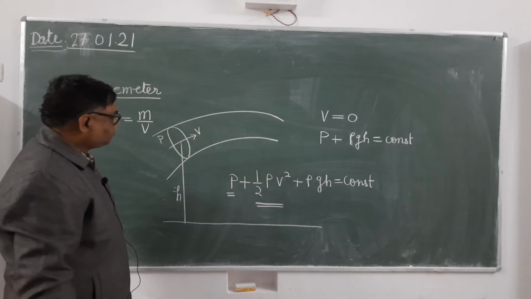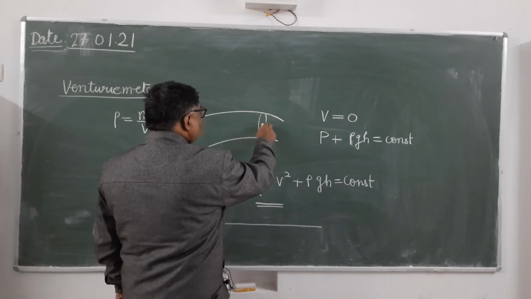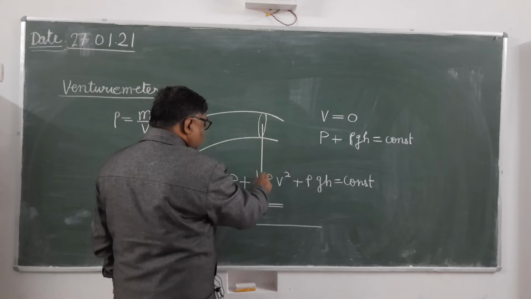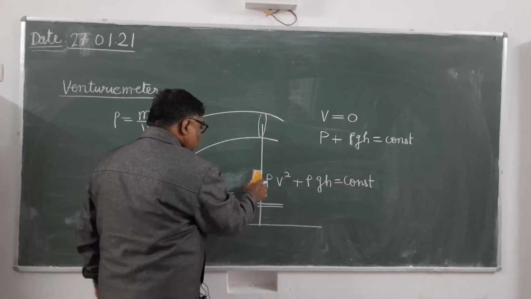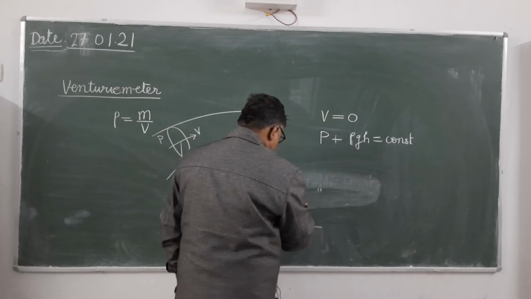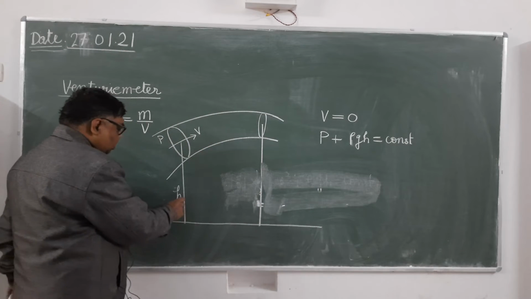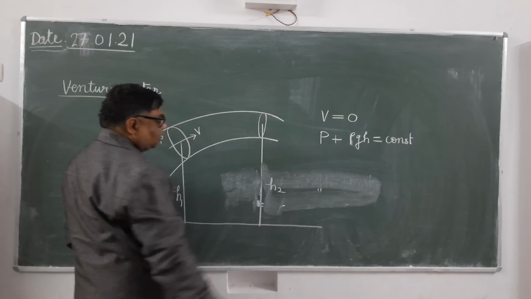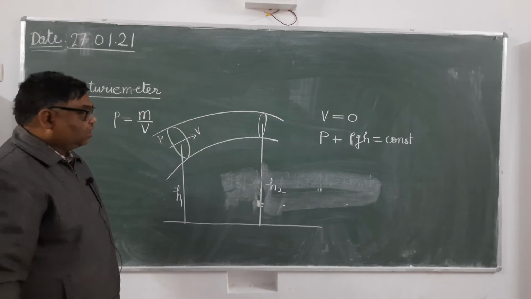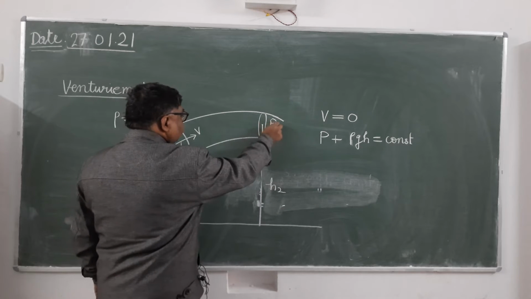Now see here, we have taken two cross sections. Here the height of this cross section is H1 and the height of this cross section is H2. It is clear? Here the pressure we have taken as P1 and here the pressure is P2.